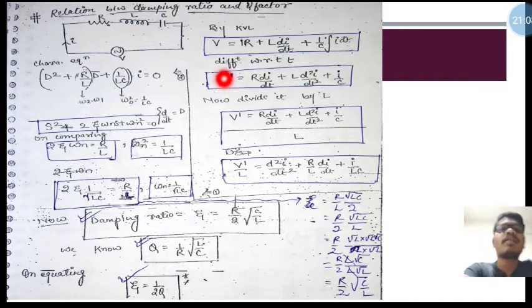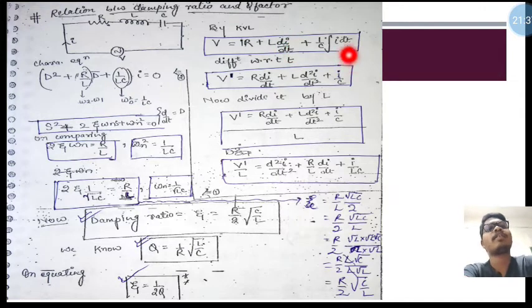Now differentiating this equation with respect to t, we get V dash, that is dv divided by dt. R is constant and the current is changing, so we get R di divided by dt, plus L d square I divided by dt square, because of the double differentiation.